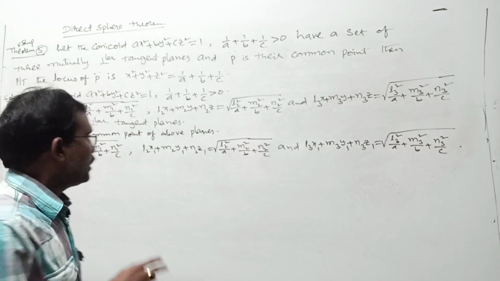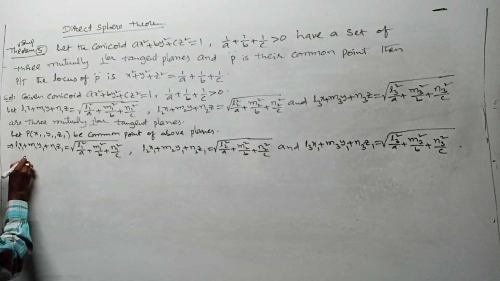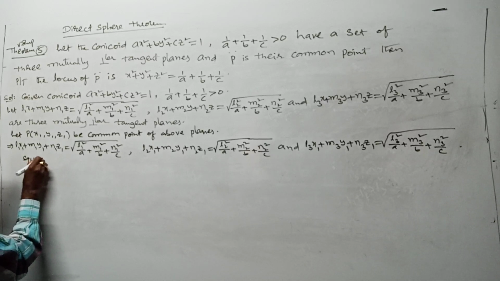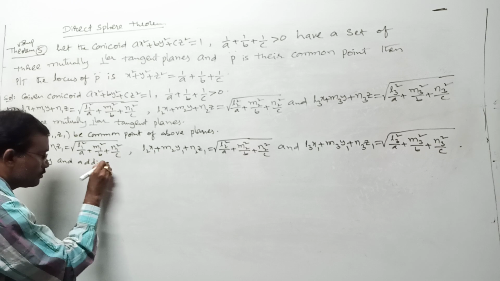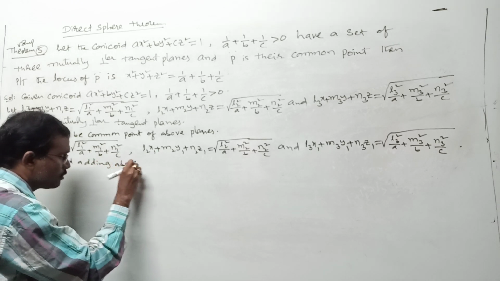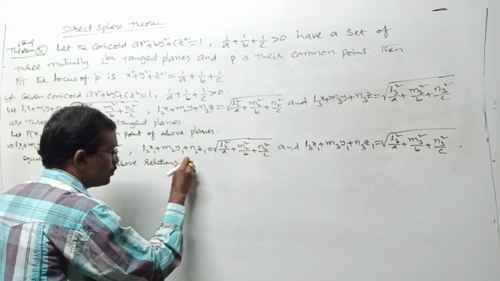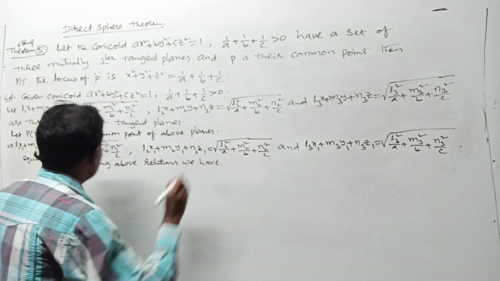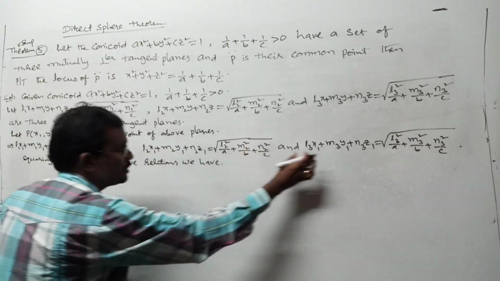I mean squaring and adding the above relations. We have, what is that? First square this, left side squares, and add them.